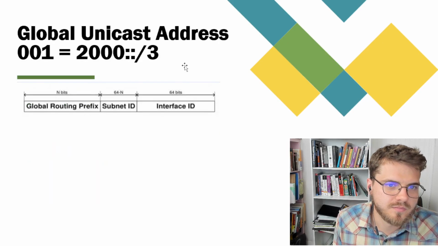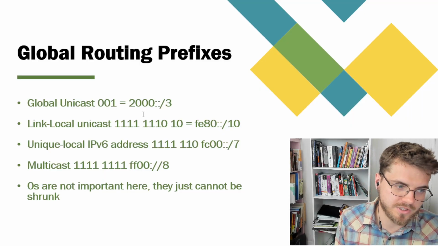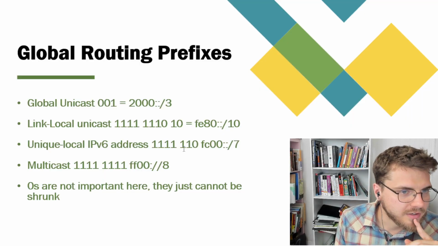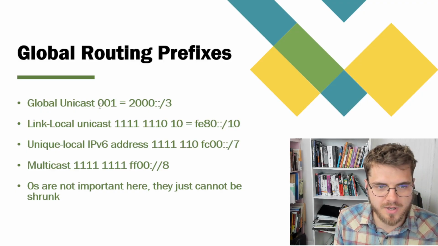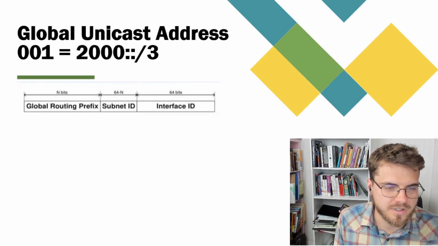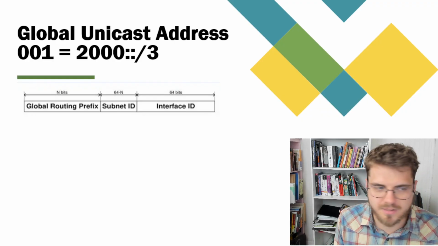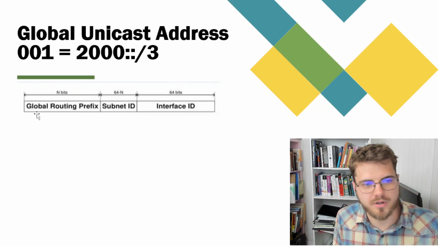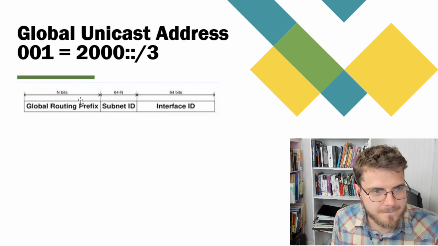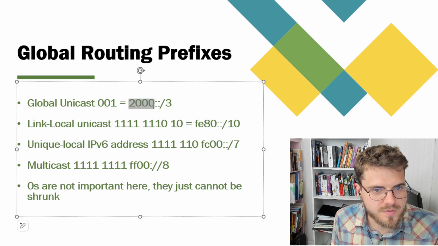So global unicast address. So this is one of them. We're just going to go through this one, and I'm going to try to make it as simple as possible. It's going to start with a 2000. I think I might have used a different example there actually, but the global routing prefix is this part, the 2000.